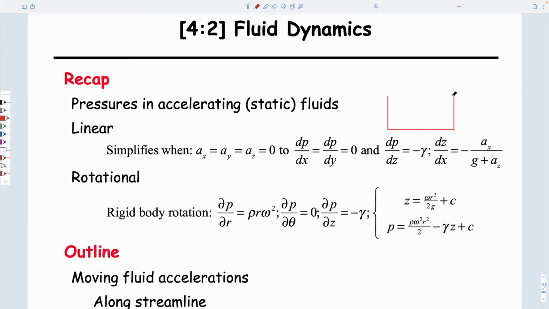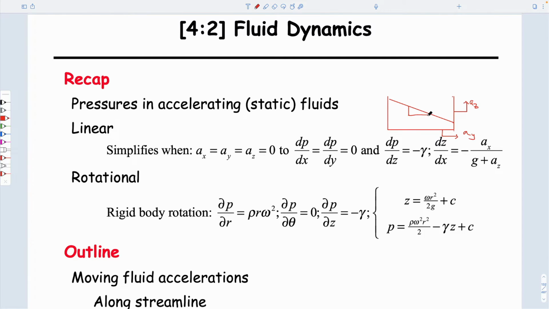accelerating fluids, which I kind of alluded to as kind of oxymoronic. And that is that if you take a fluid that is sitting in a pail and you accelerate it by some amount in the y direction, as we called it, sorry, z direction, then you get a slope of the fluid.